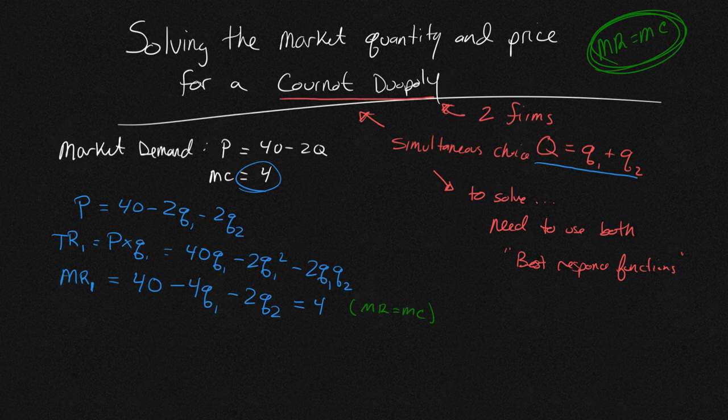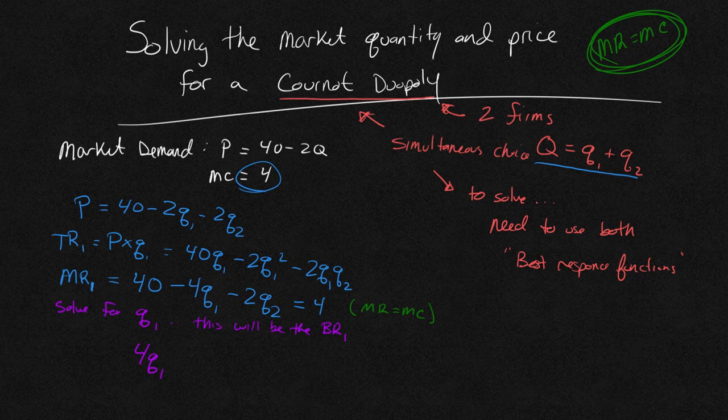And now my step is going to be to take that, and I'll use a different color here as well, and solve for q1. This will be the best response, the BR1 function, the best response function. So let's go ahead and do this. I'm going to say, all right, this is going to be 4q1 if I take this 4q1 and put it over there.